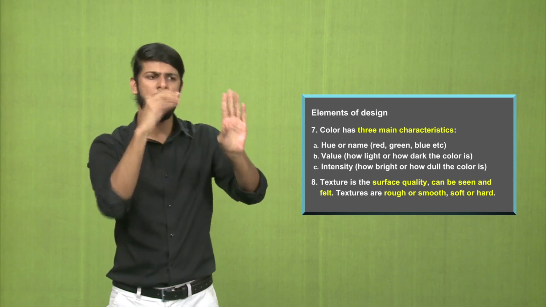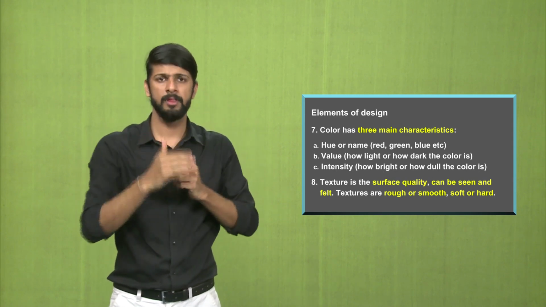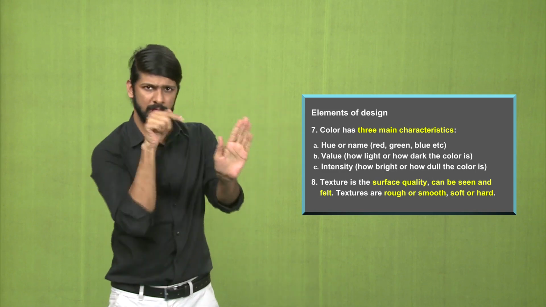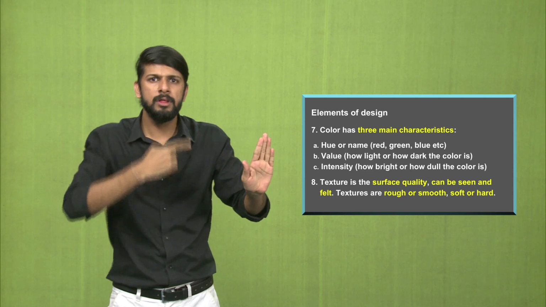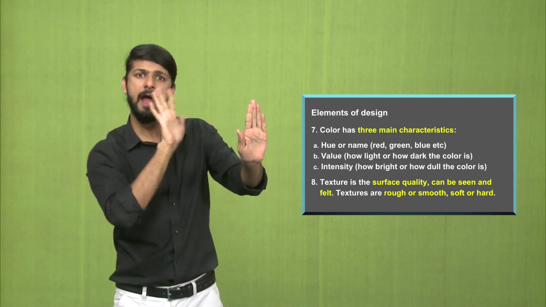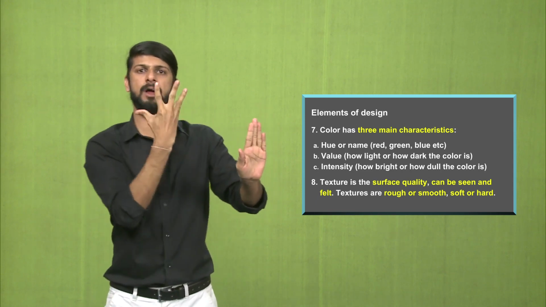Color has three main characteristics. First, when any object reflects a kind of color, this color has a name which is called a hue or name.